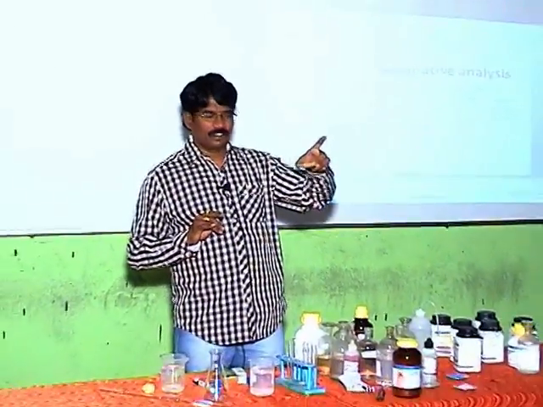Now generally the 3 salts which are in the intermediate practical examination syllabus are colored ones. The first one is cupric salts. Cupric salts are blue colored like this, and ferrous salts are light green colored.